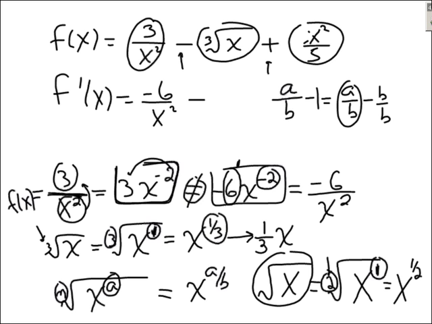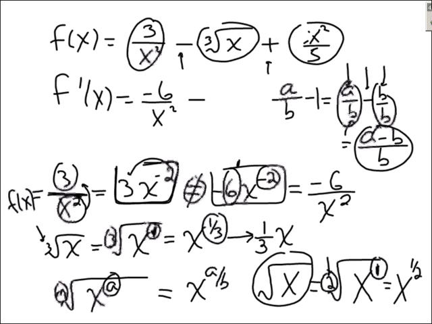Now we have two fractions with the same denominator, so we keep the common denominator and we do what the top says: a minus b.